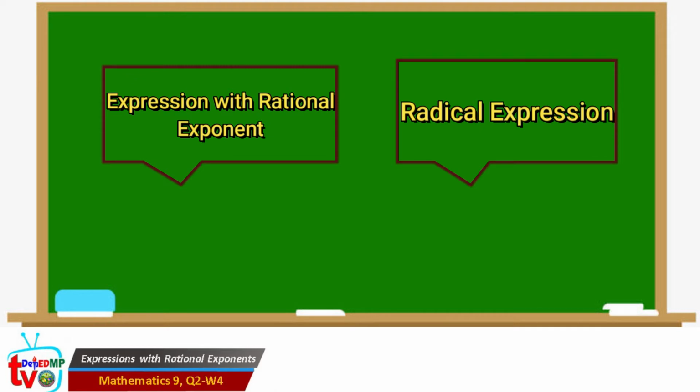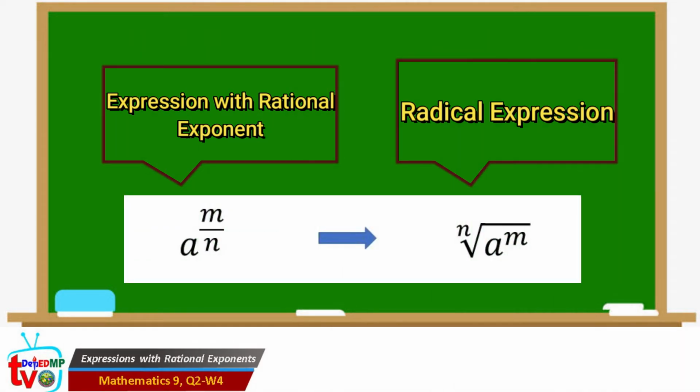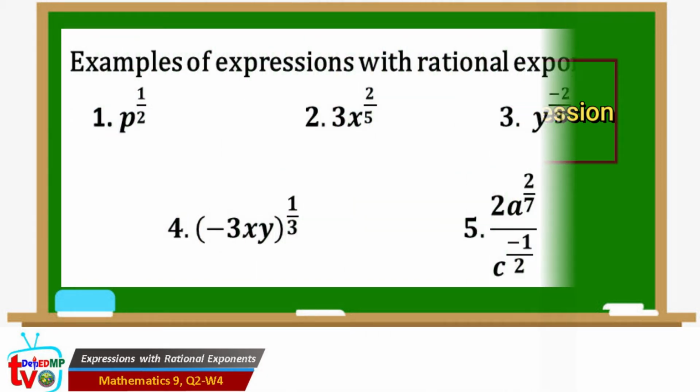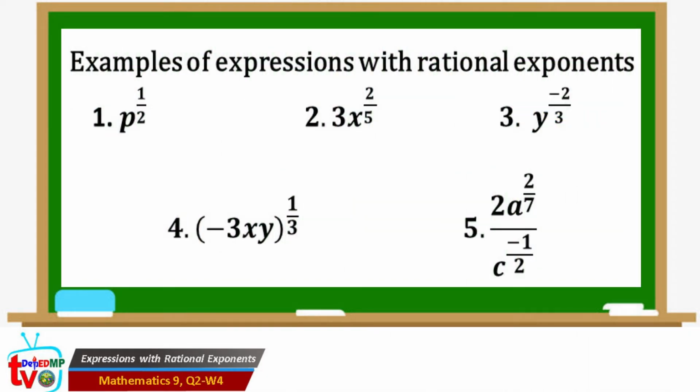The two statements suggest that a raised to m over n is written as the nth root of a raised to m. Here are some examples of expressions with rational exponents.